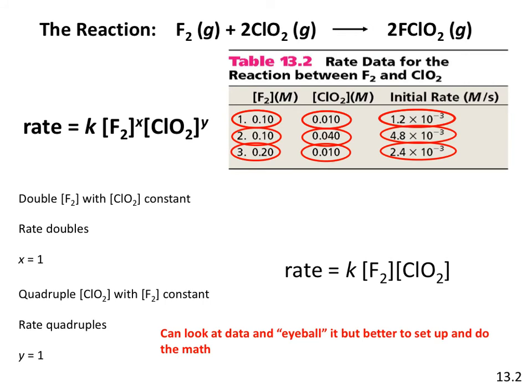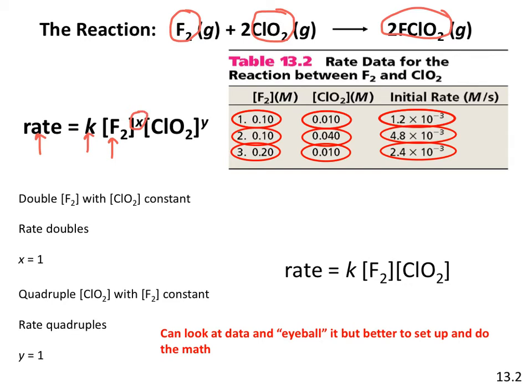Okay, so let's begin writing the rate law for the reaction of fluorine gas with 2 moles of ClO2 to produce 2 moles of FClO2. Okay, so let's just start by writing the word rate equals K, our rate constant, times the reactant fluorine to the power X. These orders or these exponents can be anything.